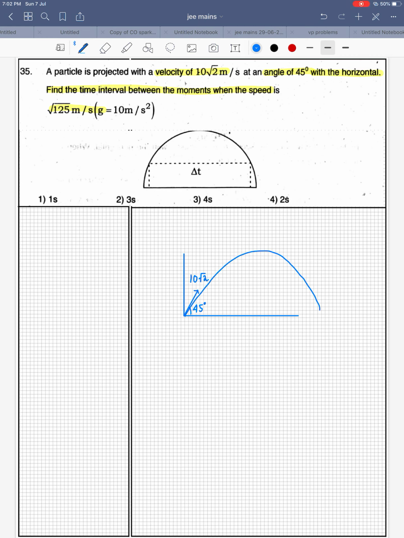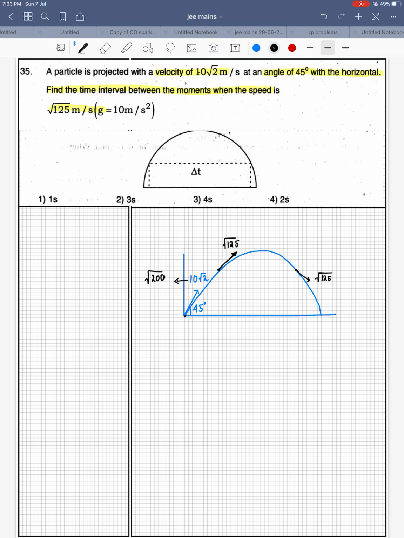So he's asking, find the time interval between the moments when the speed is √125 meter per second. Somewhere here as well the speed will be √125 meter per second. By the way, the speed at the top is √200.